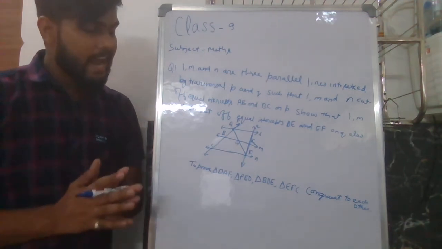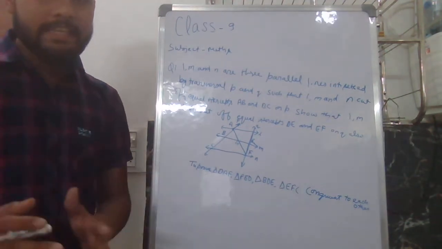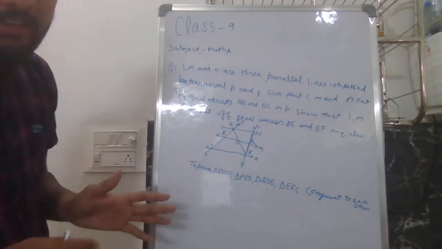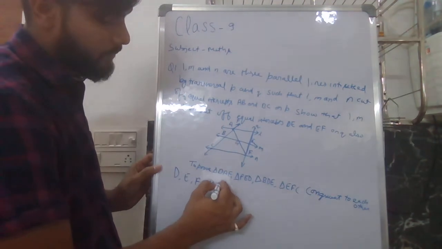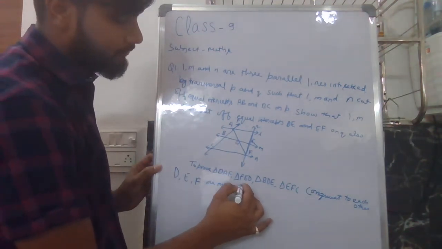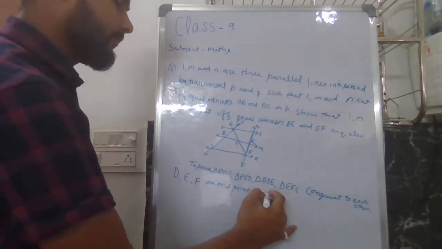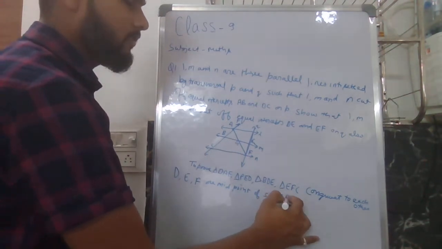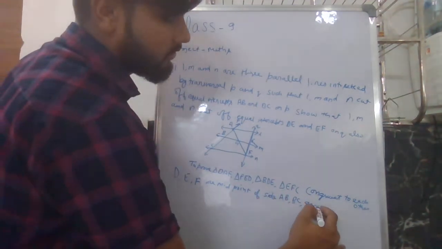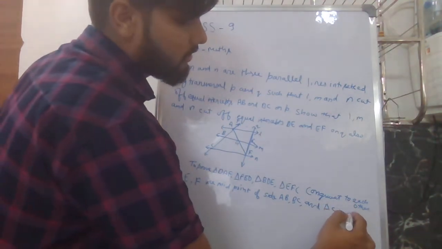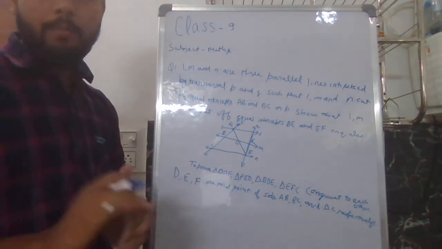We can see that the given is D, E, F are midpoints of sides AB, BC and AC respectively. Okay, so I hope everyone is clear.